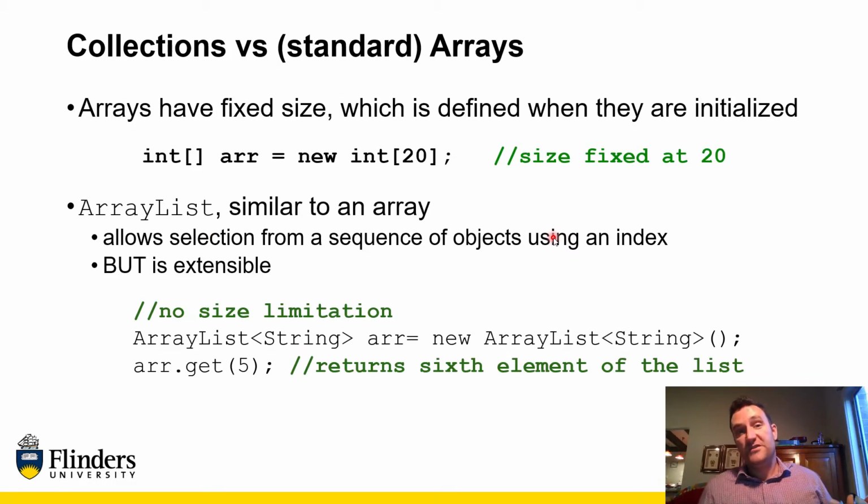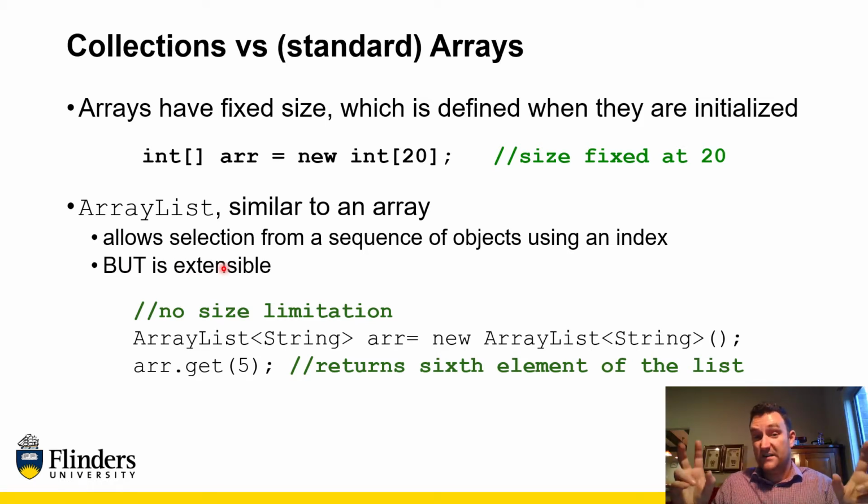So, collections versus standard arrays. Arrays have a fixed size. So remember we say I want it to be, for example here, of length 20, and then it's at length 20. It's that size. It doesn't change. It's always the same size. We can't change that. Whereas an array list is similar, except it can resize itself, so it's extensible.